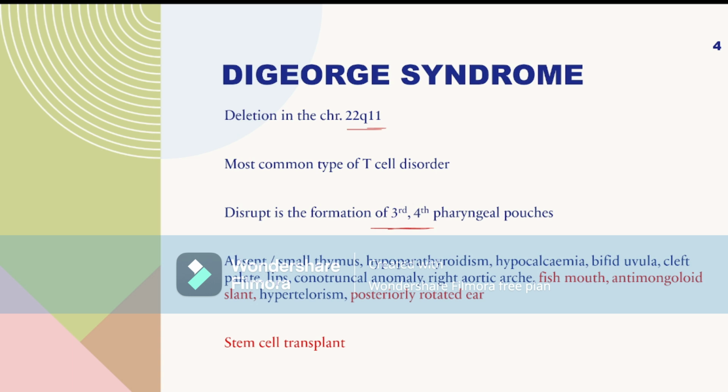So there is absence or a small amount of thymus, and there is hypoparathyroidism, for which the child suffers from hypocalcemic tetany.